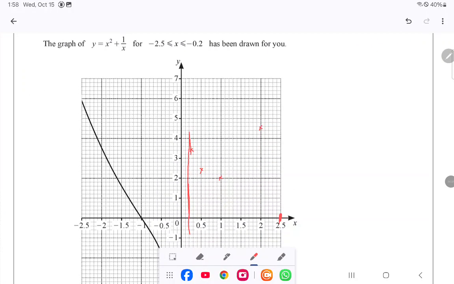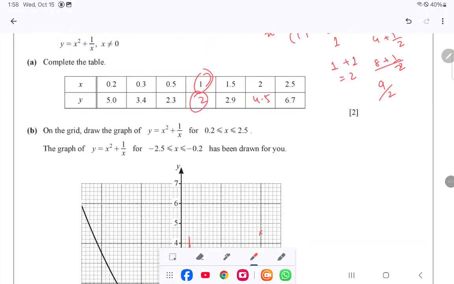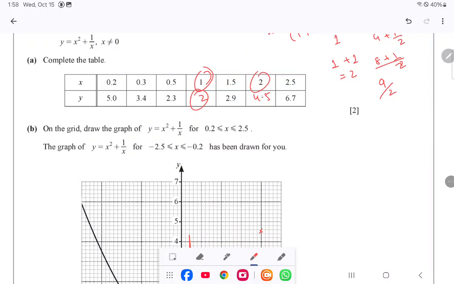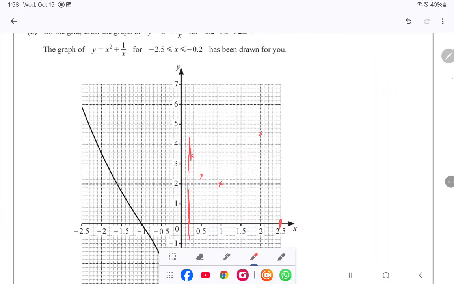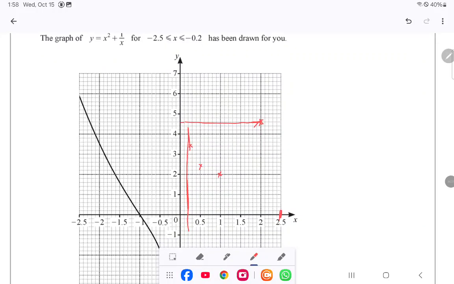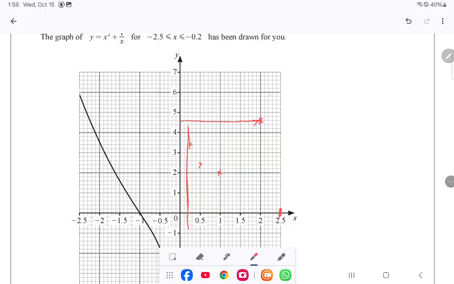Right here on x is equals to 2, the value of y gives 4.5, which will lie something here on the graph. So this is the graph and the limitation from here to here.